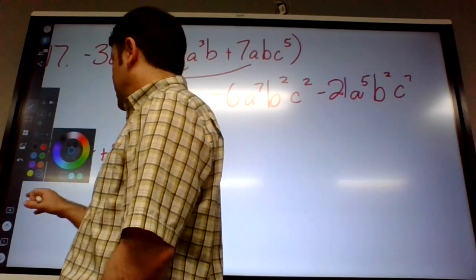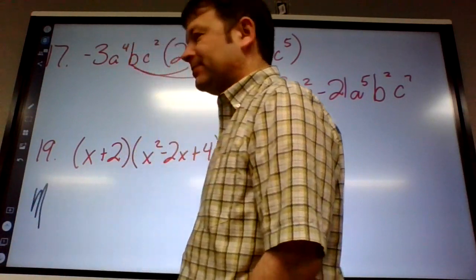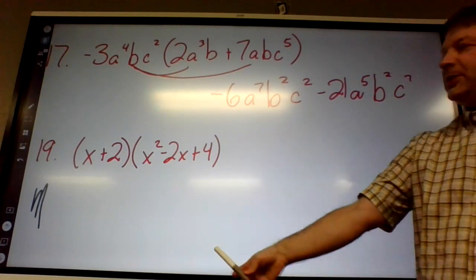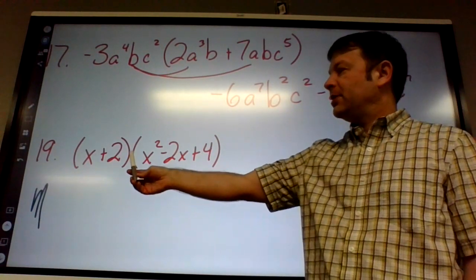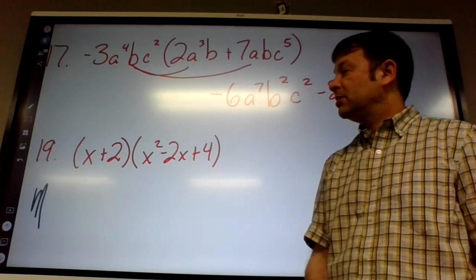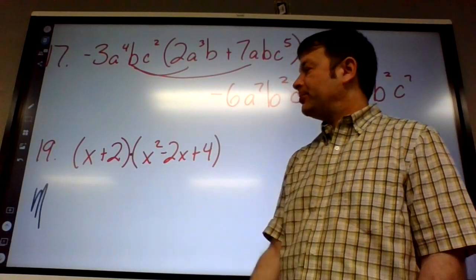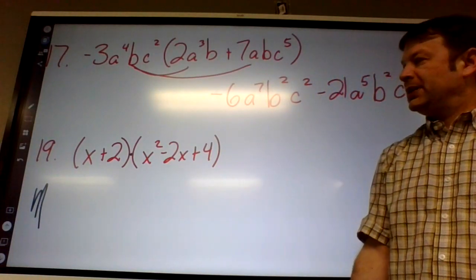Alright, Brooke, any good ideas? It's not a division problem. What does it mean when parentheses are right next to each other? Multiply. It is a multiply problem. But how do we multiply those two large-ish things?